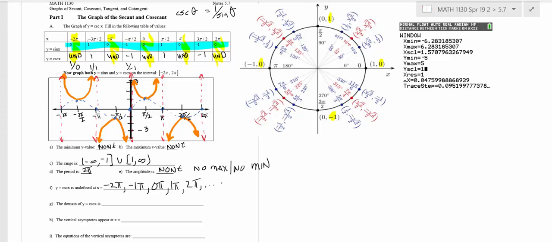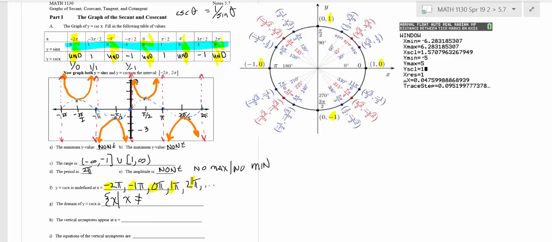So the way you have to name the domain is like this. You have to actually write the domain in set builder notation. And let me explain how this goes. We would have to say what x is not equal to. Now, since we have an infinite number of places that it's not equal to, we have to write a formula. So these numbers right here, what do you call the numbers 0, 1, 2, 3, negative 1, negative 2, negative 3?